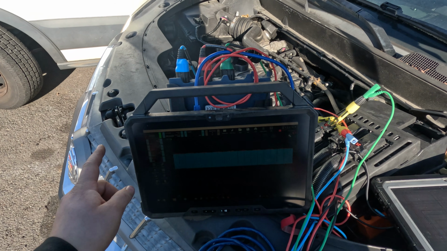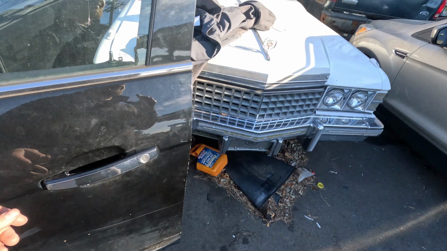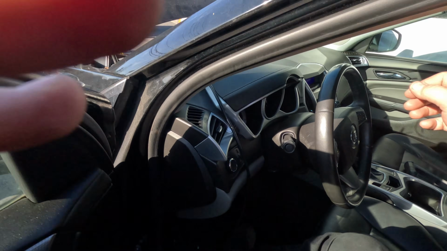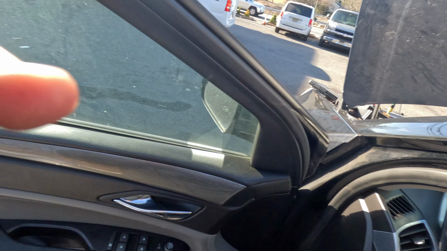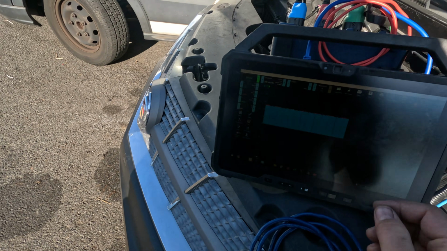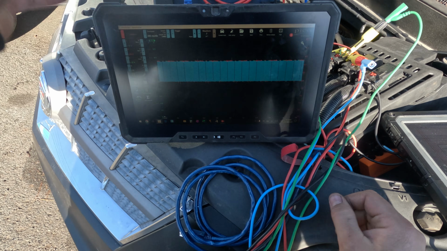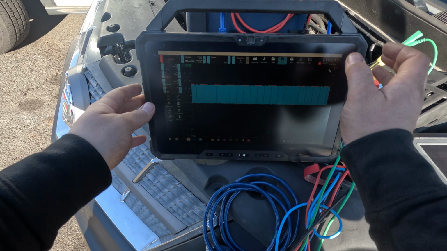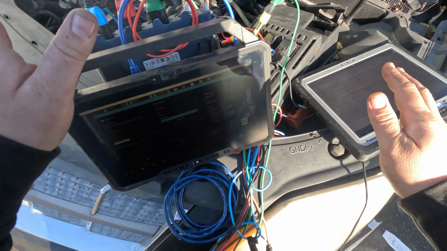Alright, let's start this up again. This is on the exhaust side. Bank 1 and bank 2. Okay, do we have all of them? Yes, let's wait one more. Okay, let's save this. Okay, save. Now I can shut this off.